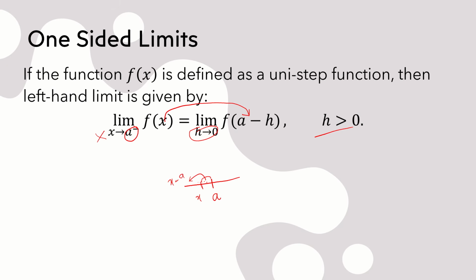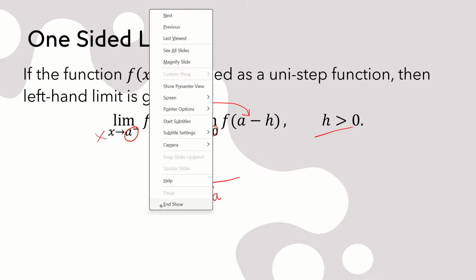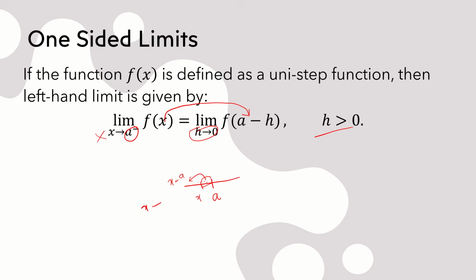So we could write this x as, you are just to the left of a, so we may write this x will be replaced with a minus h, because we are just to the left of a, so we have x is equal to a minus h.